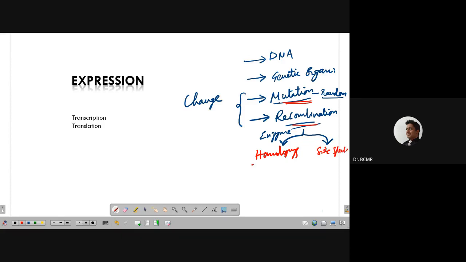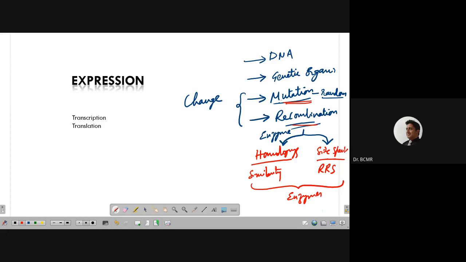Right? In homologous recombination, we need homology or sequence similarity. Otherwise, it would not happen. Second thing, in site-specific recombination, we need these recombinase recognition sites. Only there does recombination occur. So if you see, both these are mediated by enzymes.